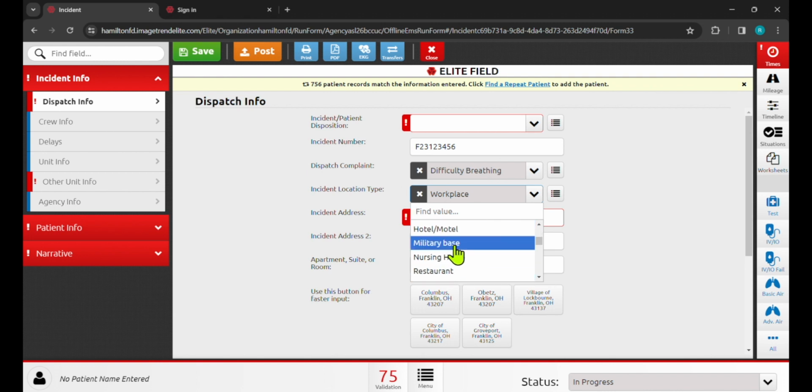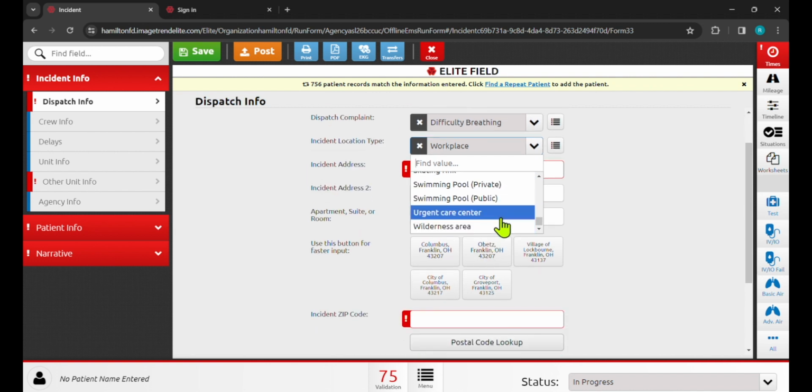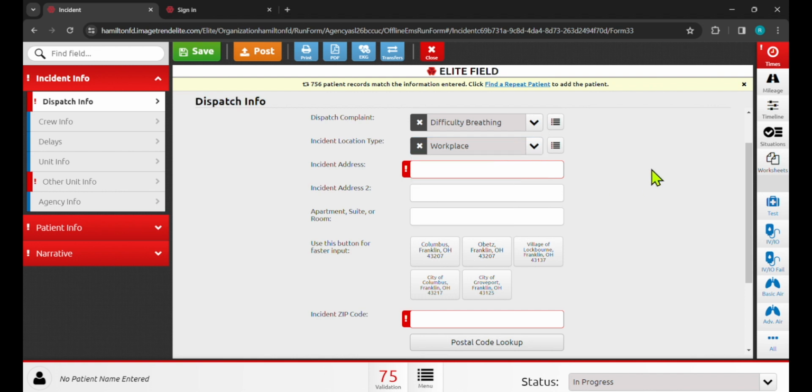We have a military base. We have, what else? A casino. And I thought there was another, somewhere there's another, something really unique to us. It doesn't matter. So we're going to select single family residence.